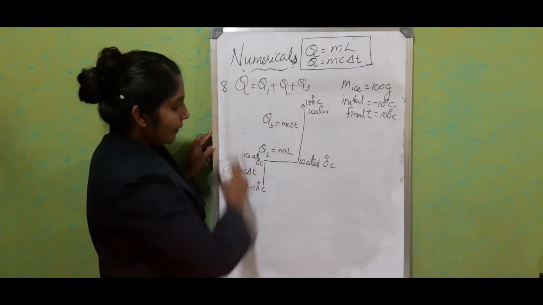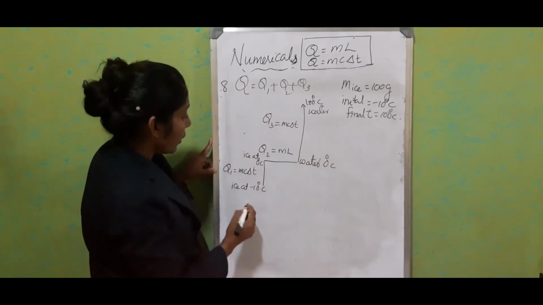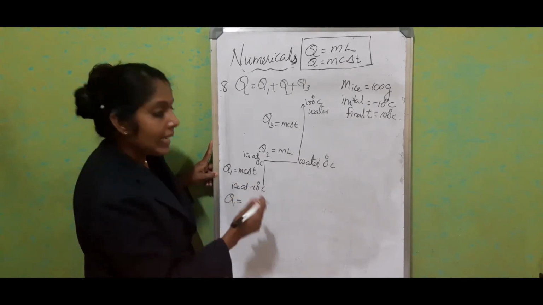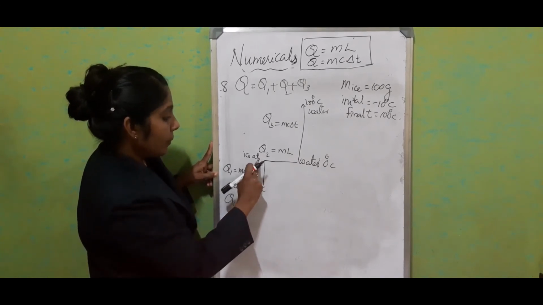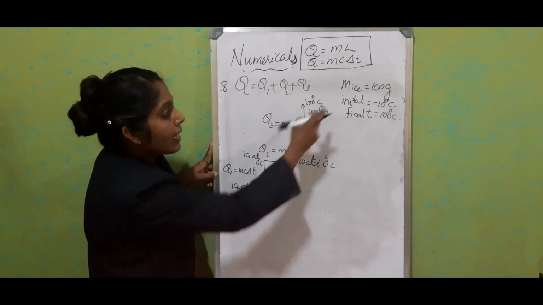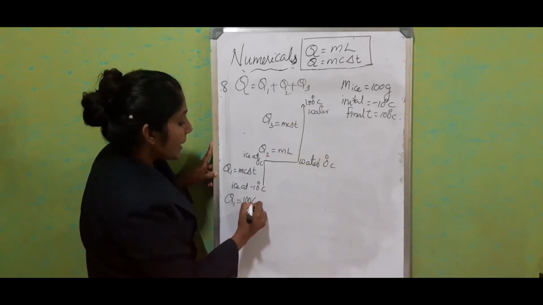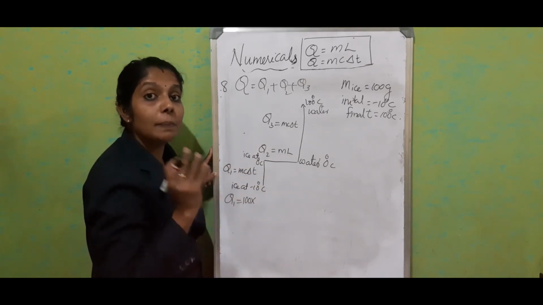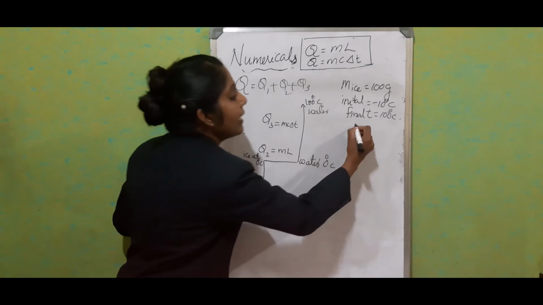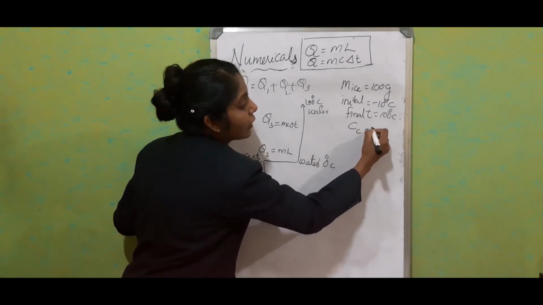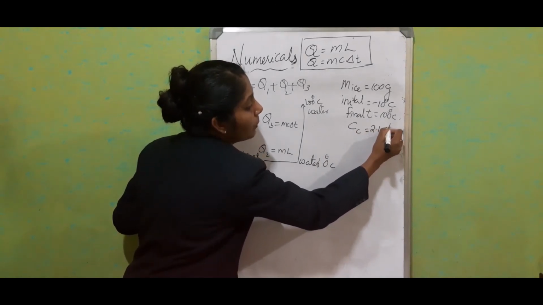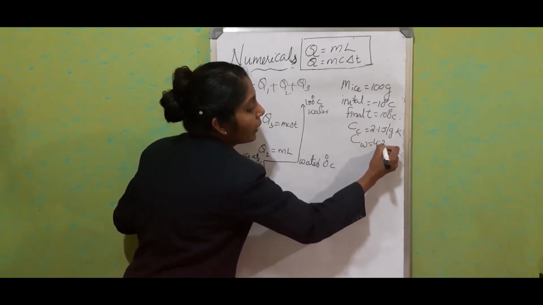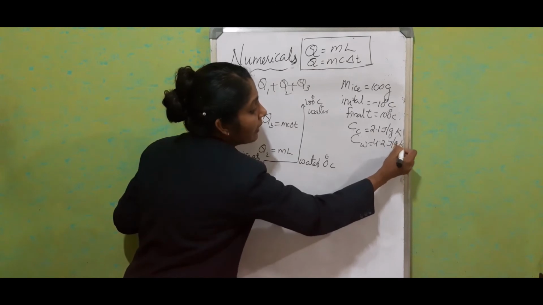So with this figure itself, we are going to find out what is Q1. Q1 is equal to mc delta T, temperature from minus 10 to 0. Mass is 100. Here it is in the form of ice, so we have to consider the specific heat capacity of ice. Specific heat capacity of ice is 2.1 joule per gram Kelvin, and of water is 4.2 joule per gram Kelvin.